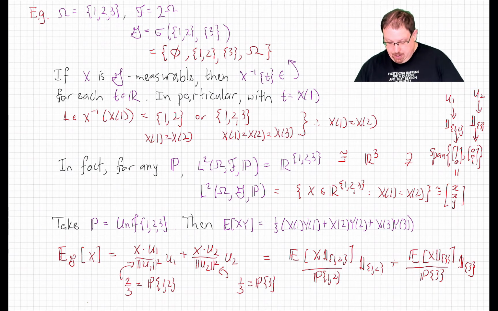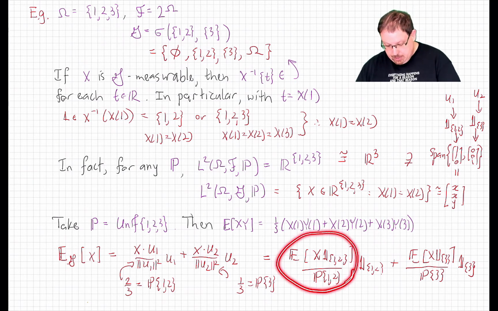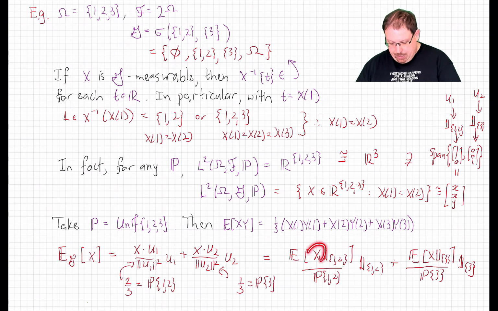And there we have exactly the formula for conditional expectation in this finite partition setting that we developed two lectures ago. This is the conditional expectation of x given this event times the indicator of that event, and so on.